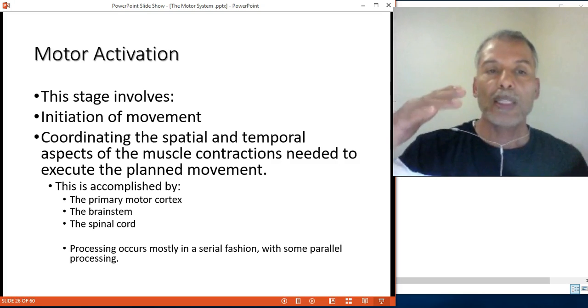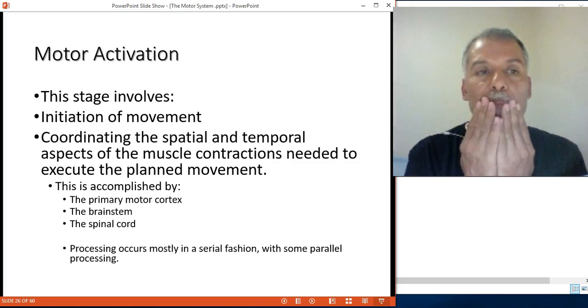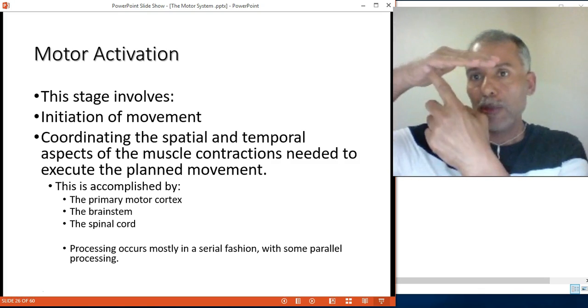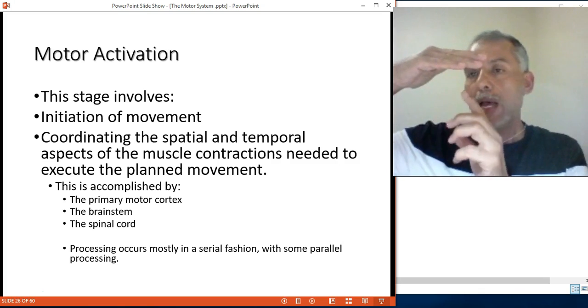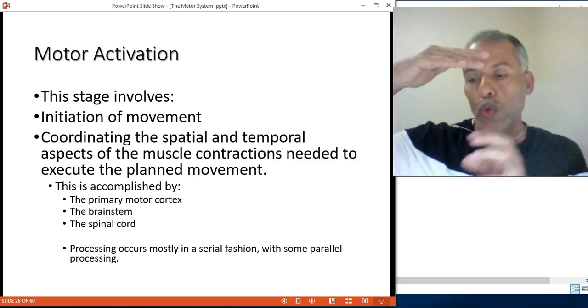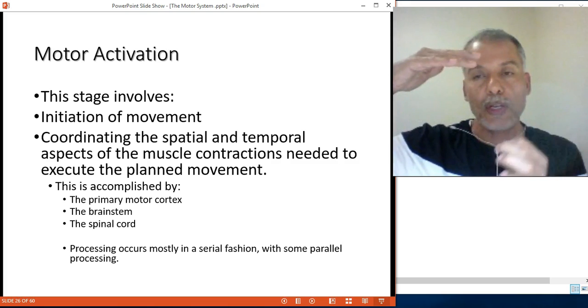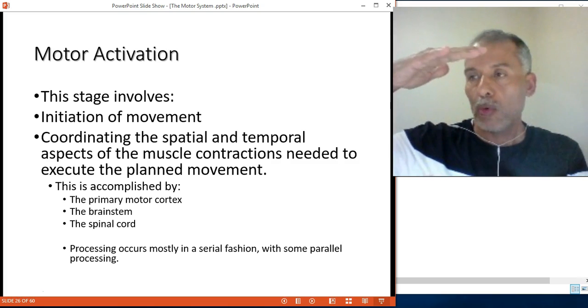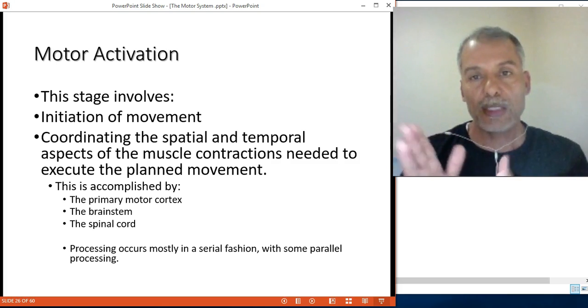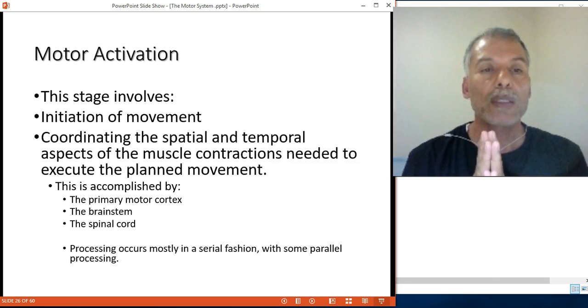So just keep in mind again, this part, motor activation, goes from the cerebral cortex and finally to the brain stem, to where the roots of the cranial nerves are. So that area, and the connection between these two is the pyramidal tract that sends down the signals. That is the connection point.